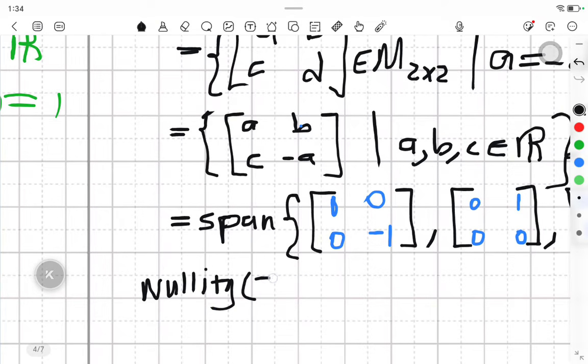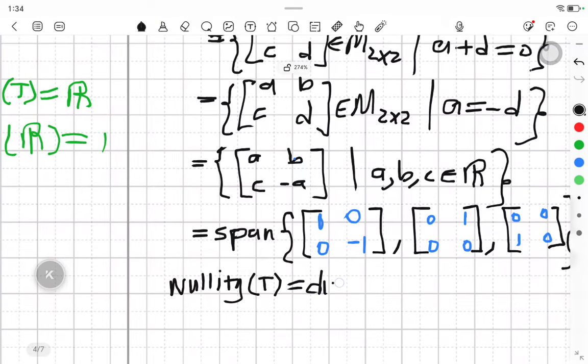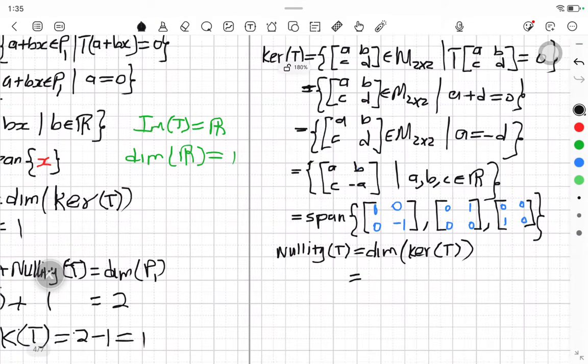Then what is the nullity here? What is the nullity of T? 1. She's saying it's 1. Do you agree? Another different one? Or do you all agree on 1? 3. Another one is saying 3. I say 3.